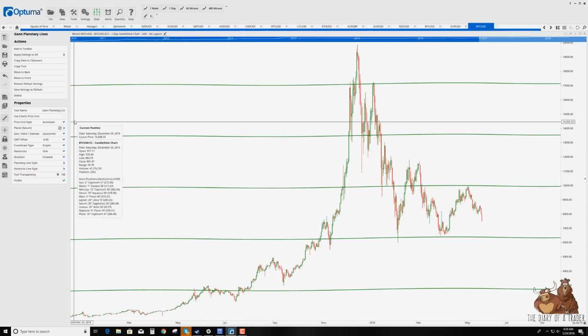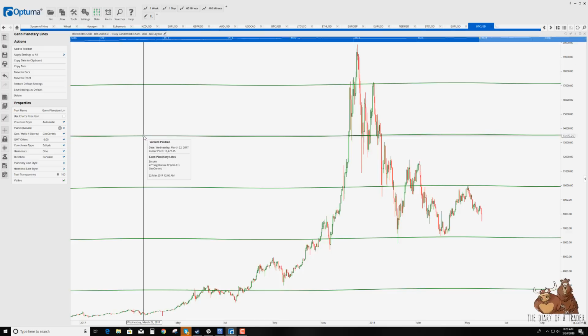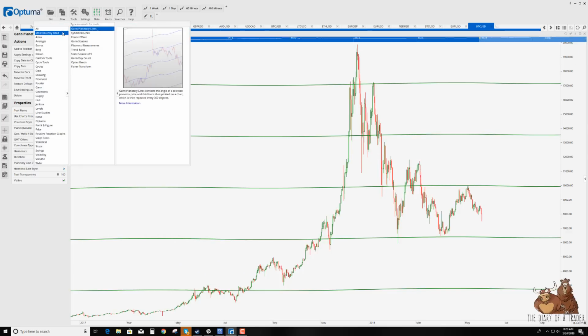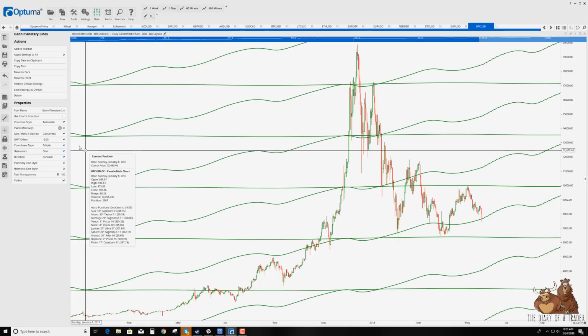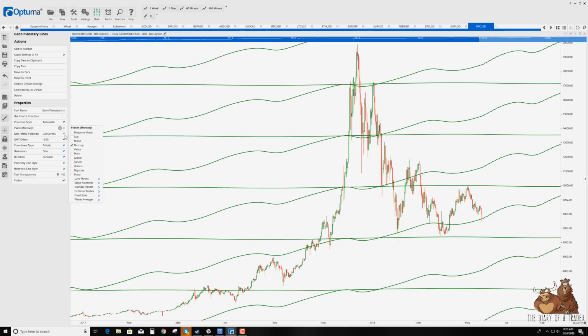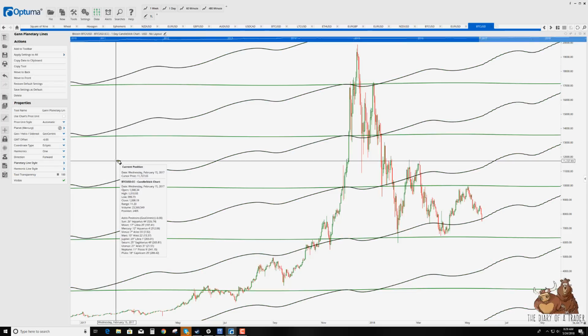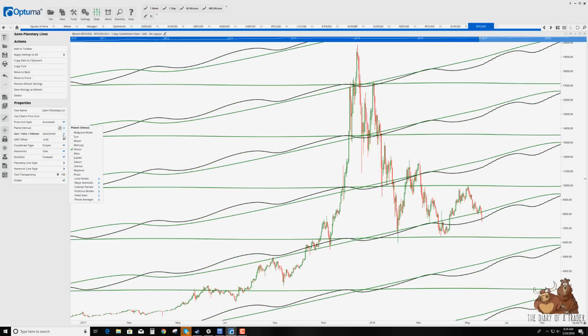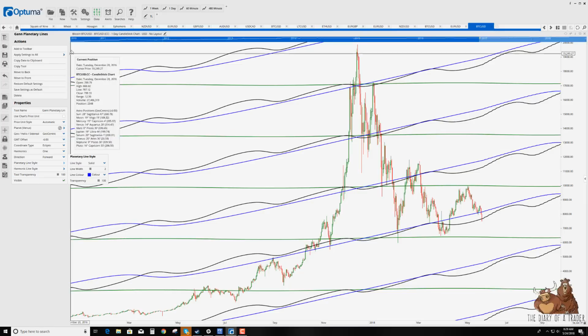What's kind of fun to do is to plot all of these on our screen. So here we've got Mercury, and we'll change that to black, and then we can add another one, and we'll do Venus, and we'll color that one blue.